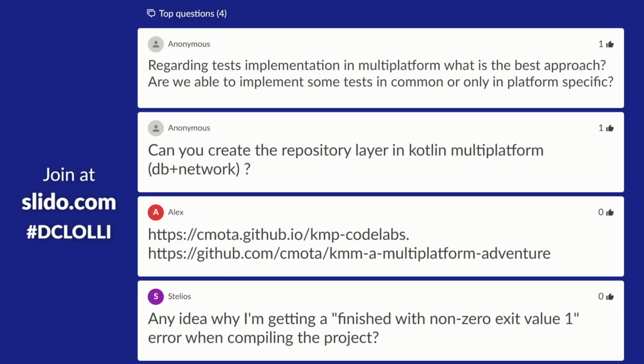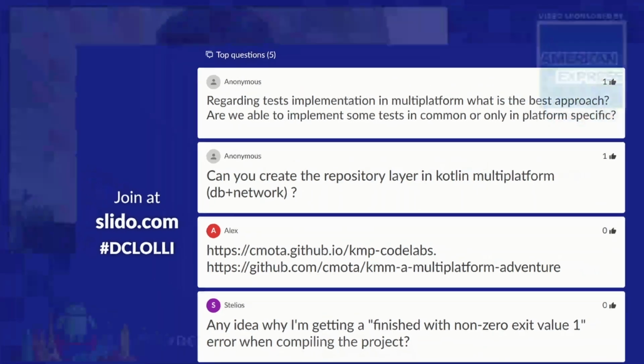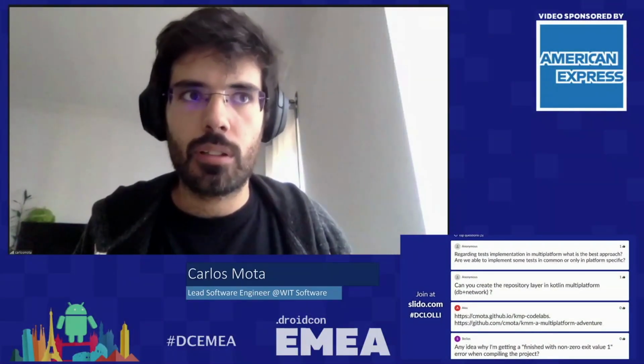Regarding test implementations in multiplatform, what's the best approach? Are you able to implement some tests in common or only in platform specific? If you're talking about unit tests, you can do them directly on the shared model, and that's where I went to. When I started Kotlin Multiplatform, I wanted to start writing unit tests. It was the same approach that I used when I moved from Java to Kotlin, and I think it worked really, really well.